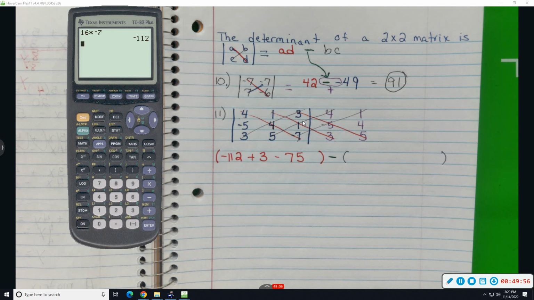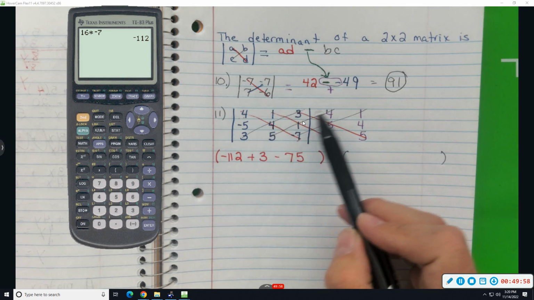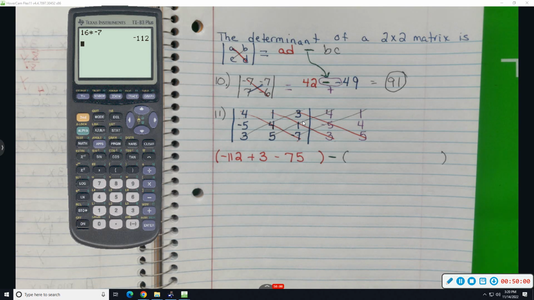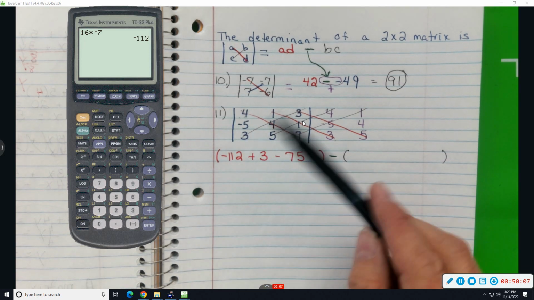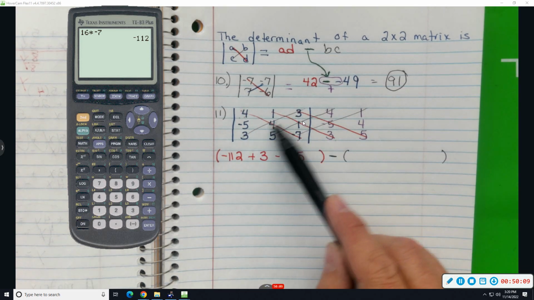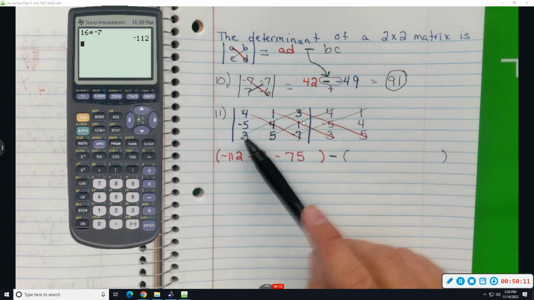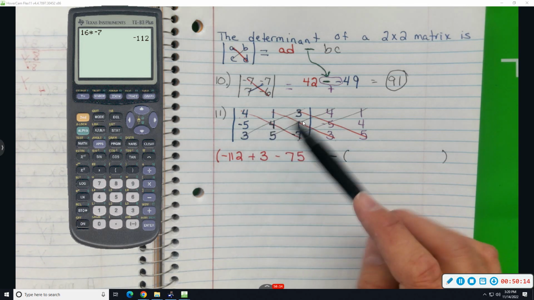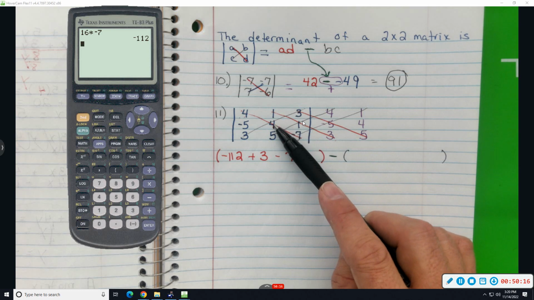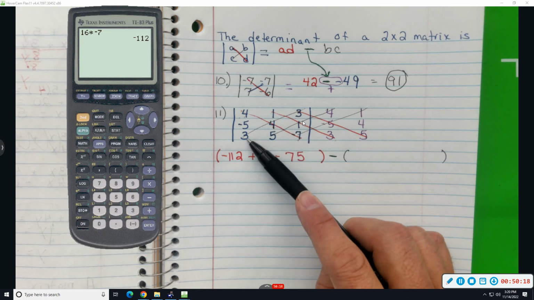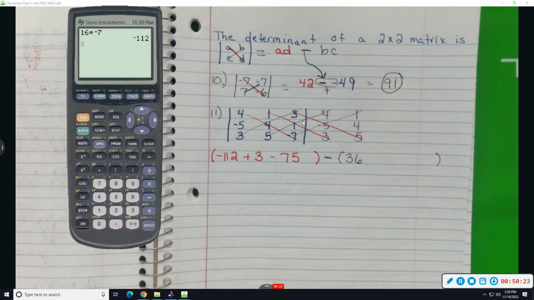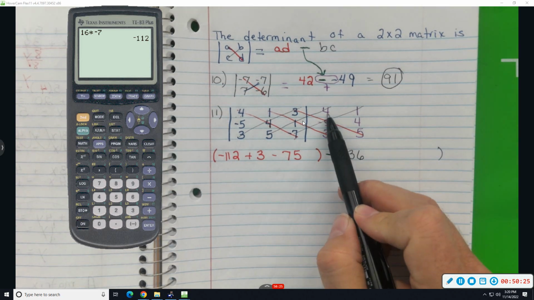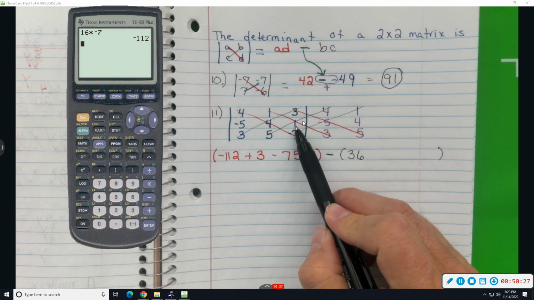Then I'll multiply the other 3 diagonals, going this way. Make sure you always start with the first number. All right, make sure you're doing this diagonal first. If you don't use that first number to get started, you're going to get it wrong. 3 times 4 is 12. Times 3, 36. 4 times 1 is 4.